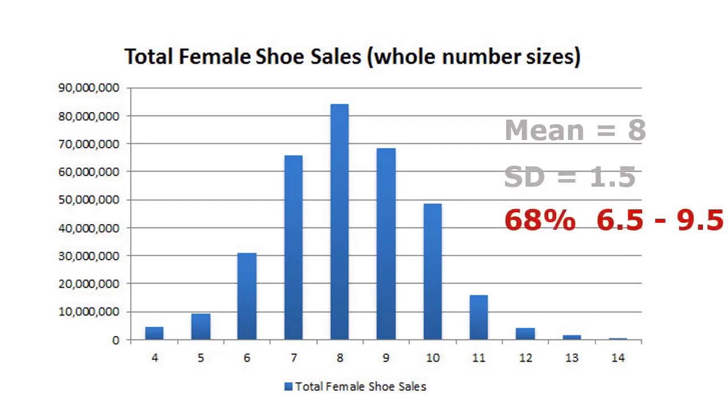If you take the mean, the average of 8, and you go plus or minus 1 standard deviation, that would be a shoe size of 6.5 to 9.5. That's 1.5 shoe sizes above and below the mean. And 68% of the population will possess a shoe size between 6.5 and 9.5.